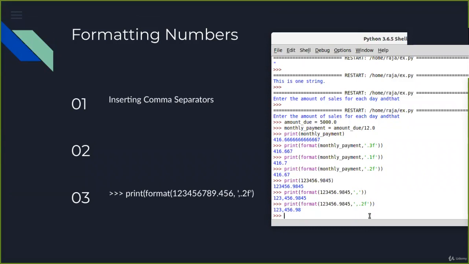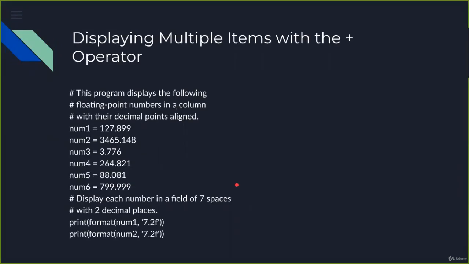When I do this, my entire number is rounded off to this kind of formatting. So this is how you format your floating point numbers, to separate them with commas as well as format the floating point precision.